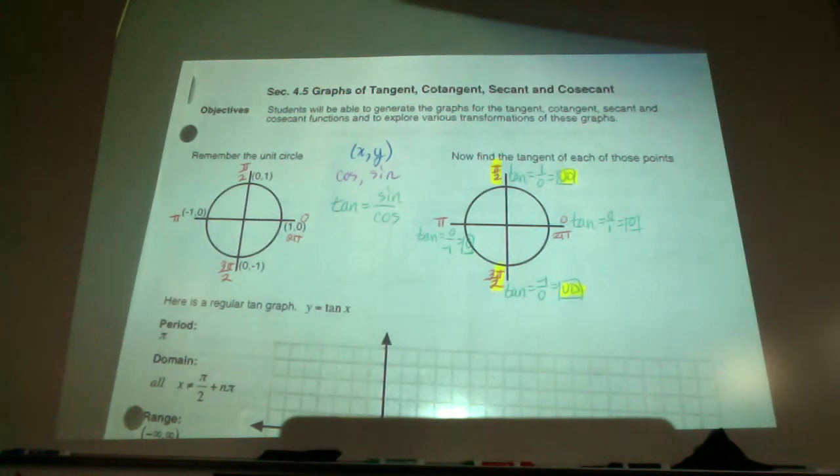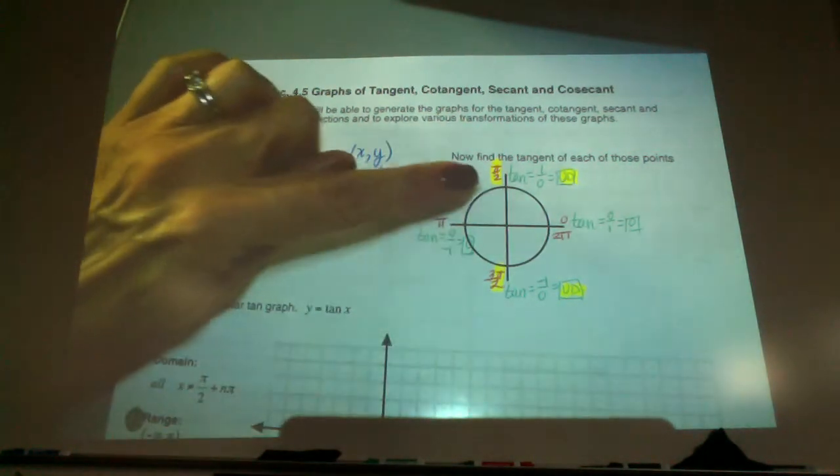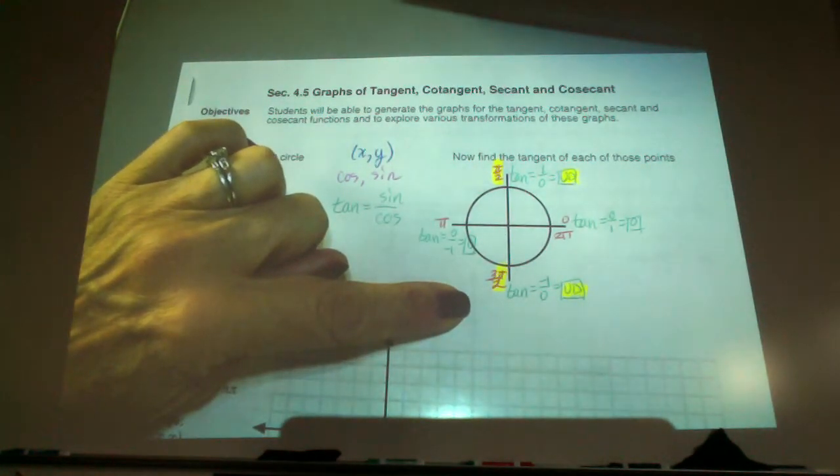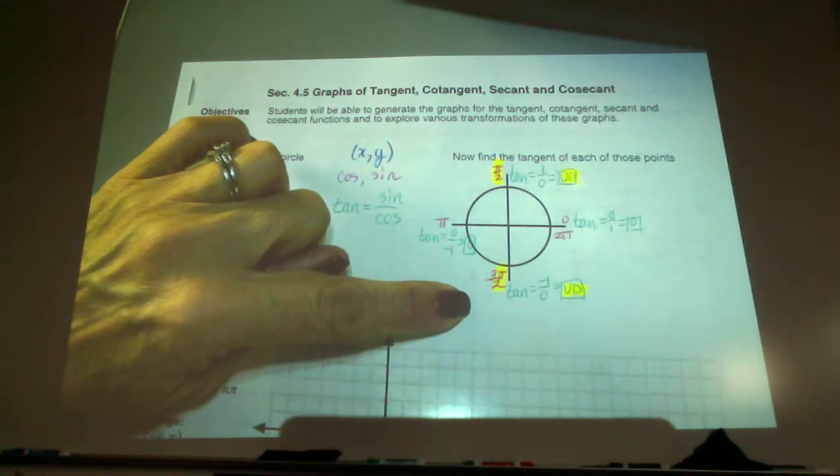Where is that graph undefined? What can x not be? 2. So what did we do with that? We drew what into the graph? An asymptote. So we're going to use asymptotes here at pi over 2 and at 3 pi over 2. So we're going to put in vertical asymptotes because the graph can't cross in those places.